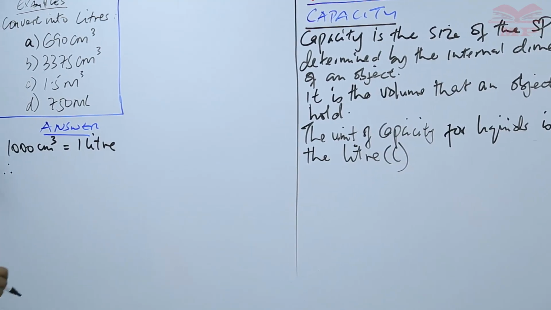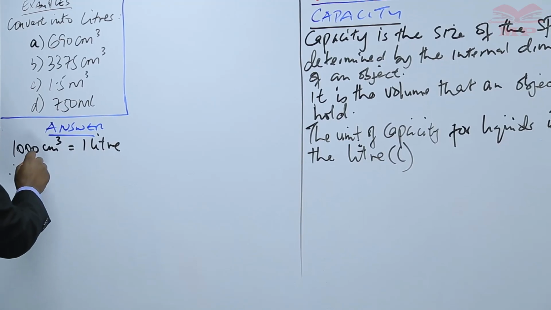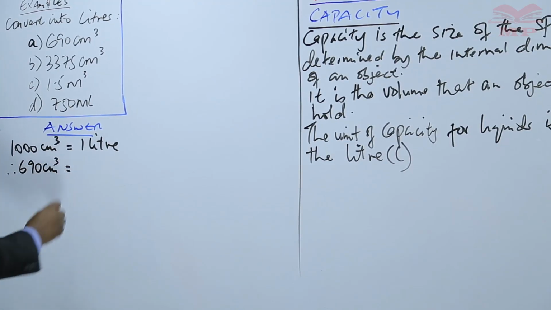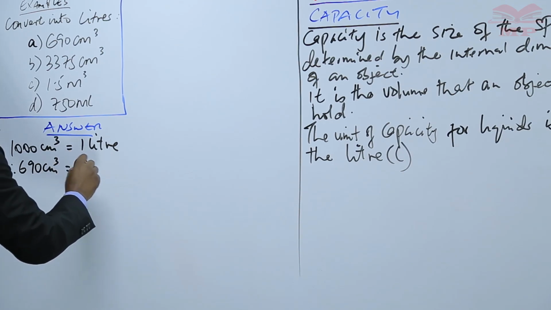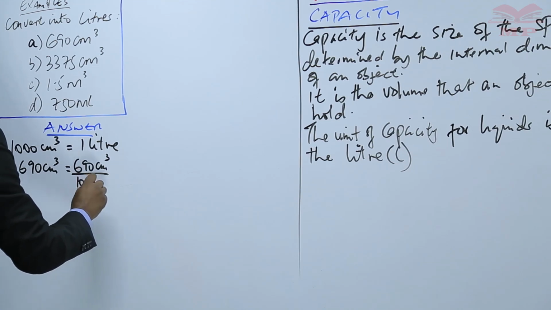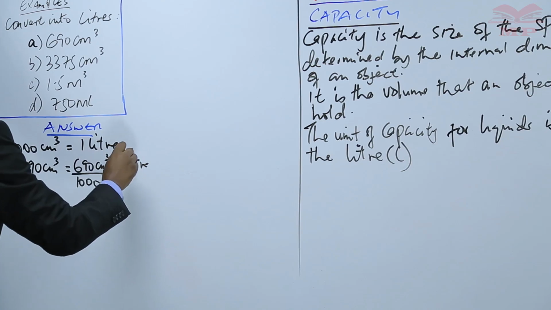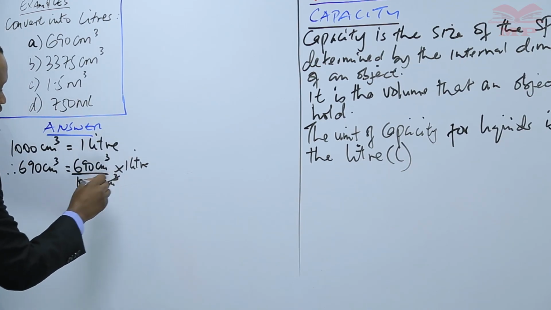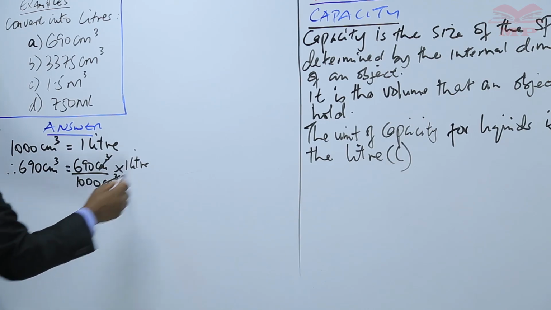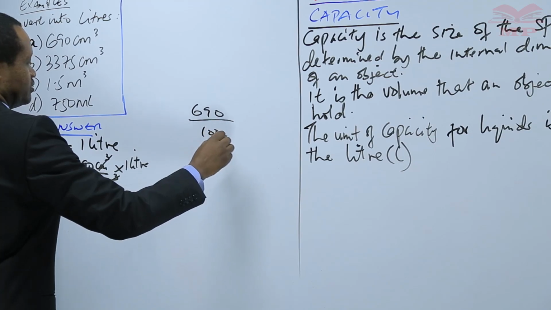Therefore, how many liters are there in 690 cubic centimeters? This will be equal to 690 cubic centimeters divided by 1,000 cubic centimeters times 1 liter. These cubic centimeters will cancel out. Then we have 690 divided by 1,000.